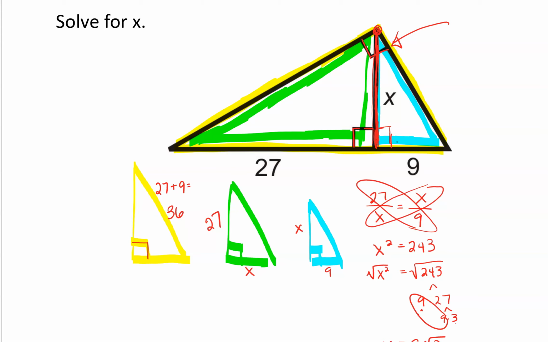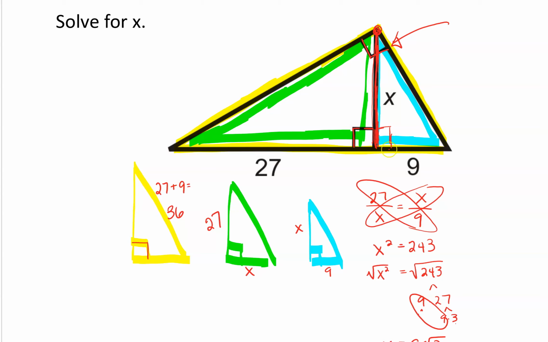And what I want you to see is that this is actually 3 triangles. You've got the very big triangle, which I've got in yellow. You've got the green triangle, which is the medium size, and you've got the little triangle, which is the blue one. If we take this apart and look at the sides, I've only been given the hypotenuse of the yellow triangle.